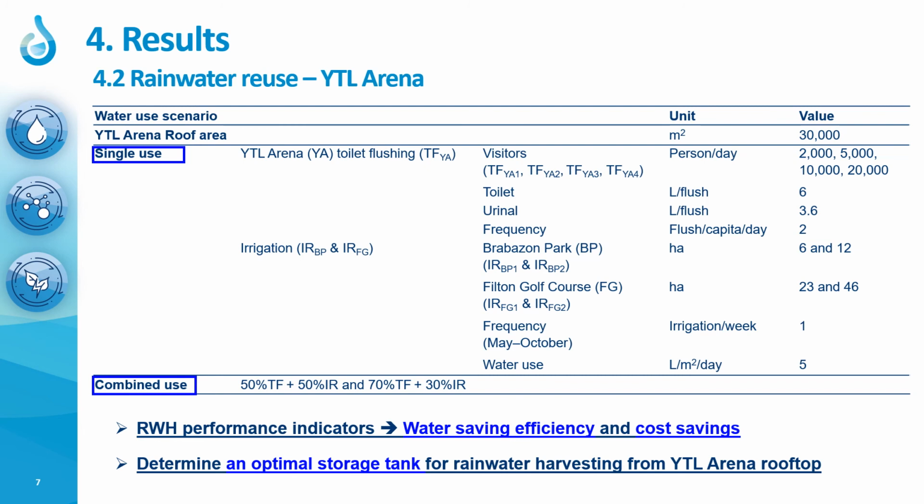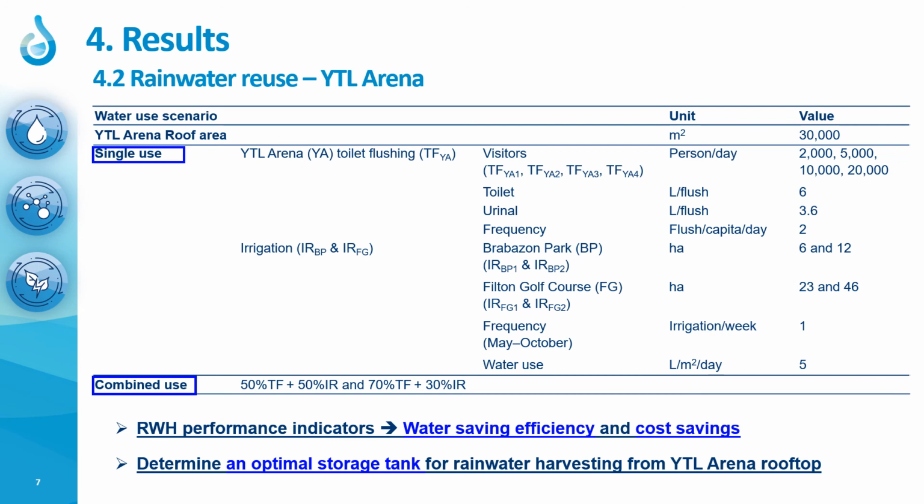This table shows assumptions we used for the rainwater harvesting feasibility study, and the aim of this study was to identify an optimum storage tank for rainwater harvesting from the YTL Arena rooftop.